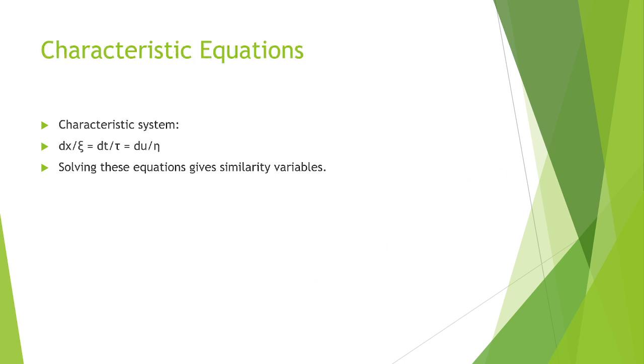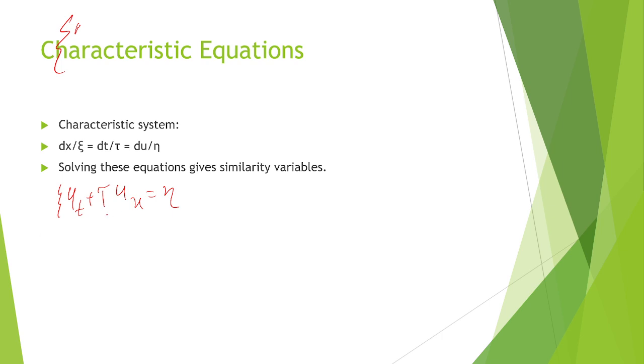Okay, characteristic system. This is the characteristic system. You see, we have the invariant surface condition, let me write it over here: xi u_t plus tau u_x is equal to eta.